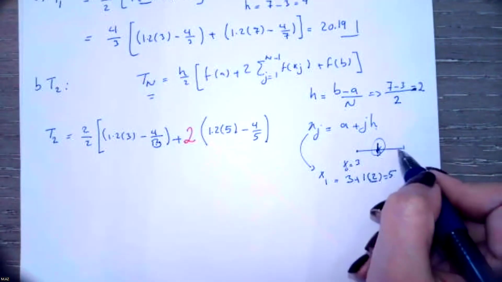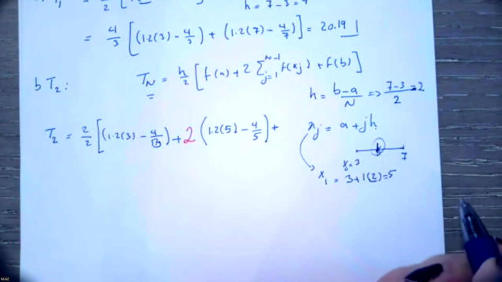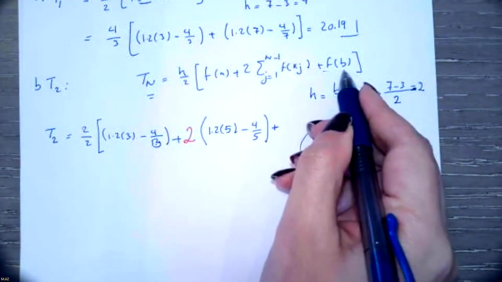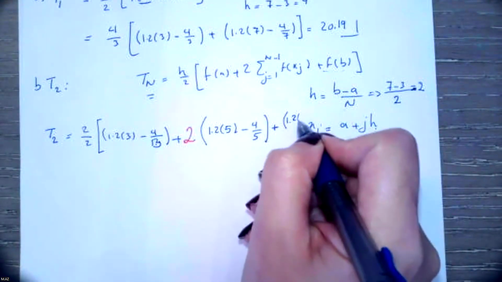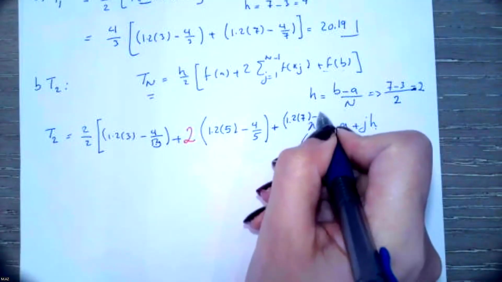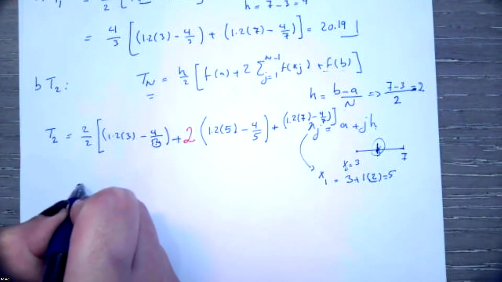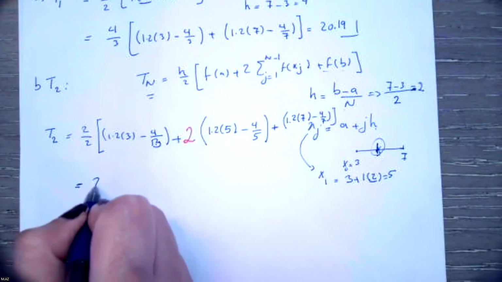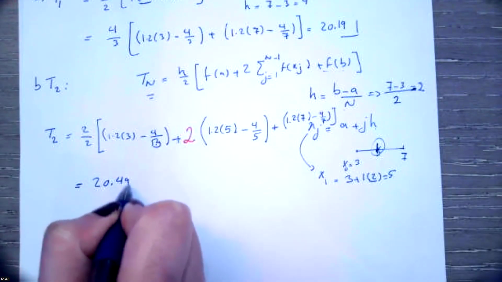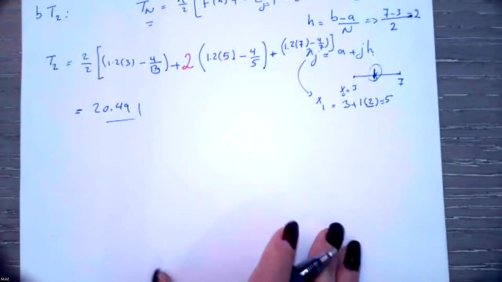And the last point, the value of the function at point 7, f of b. The answer of this integral with two panels will be 20.40. This is the answer of part B.